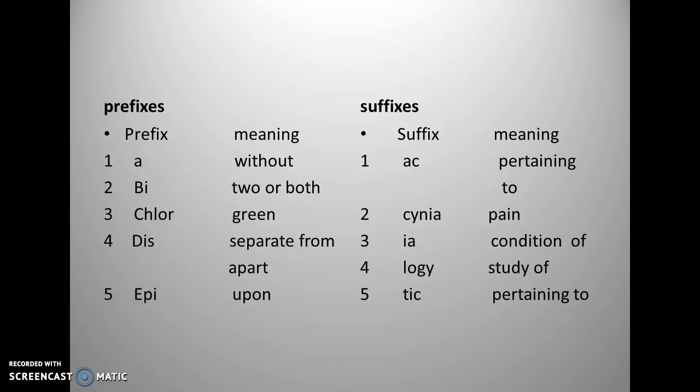Okay, so let's go ahead and look at some key prefixes and suffixes that you will see over the course of this chapter, as part of medical terminology. So we have the prefix a, which means without, bi, which means two or both, chlor, which is green, dis, which means separate from or apart, epi means upon.